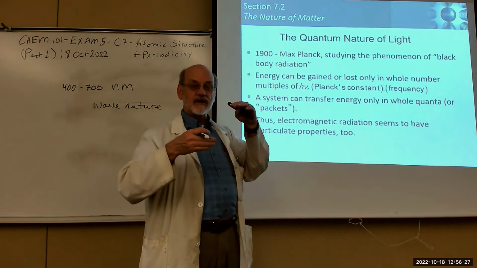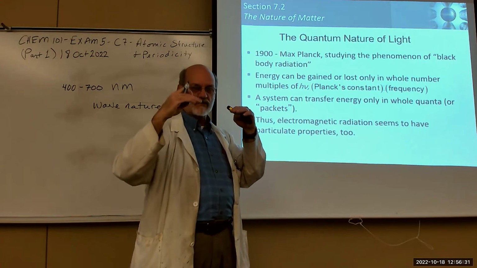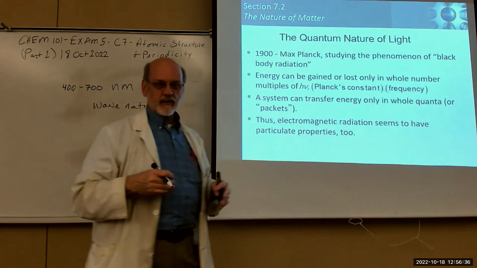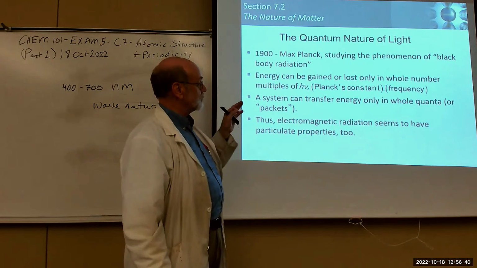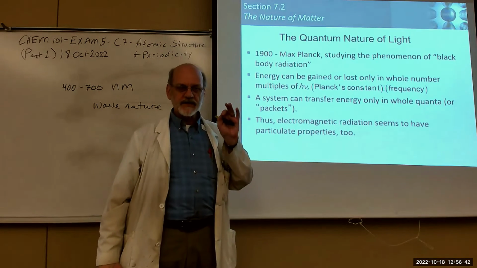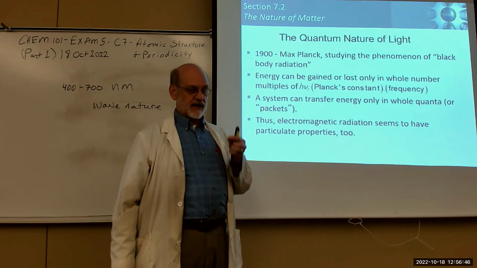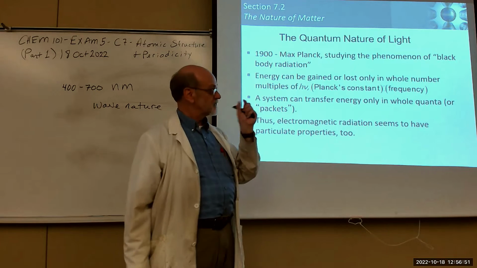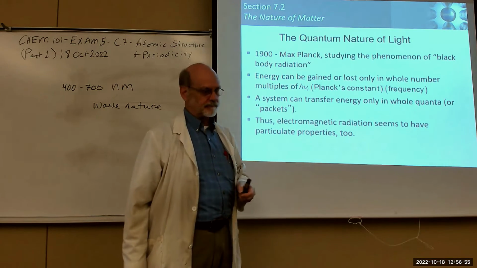If you make it hotter, then the wavelength will shorten. It'll go from red to orange. It'll go through the spectrum. That's black body radiation. And that's how we use that information to determine the temperature on the surface of any star in the universe. We just say, all right, what color is it emitting? And we relate that to the temperature that it would have to be as a black body to radiate.